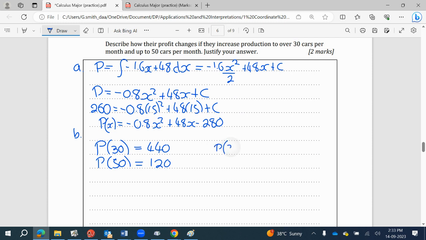So when it goes from 30 cars to 50 cars, it's going to go from 440. Well, I want to write this the other way around because the original price is 30, isn't it? All right, so let me do P50, and then I'm going to take away P30, and I'm going to get 120 minus 440, which is equal to negative 280.